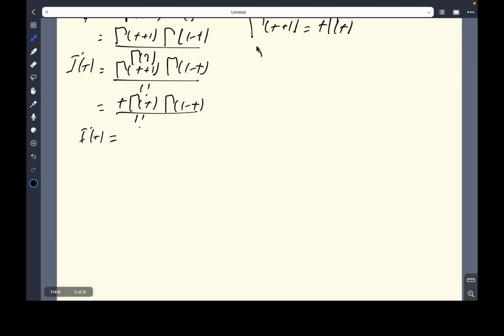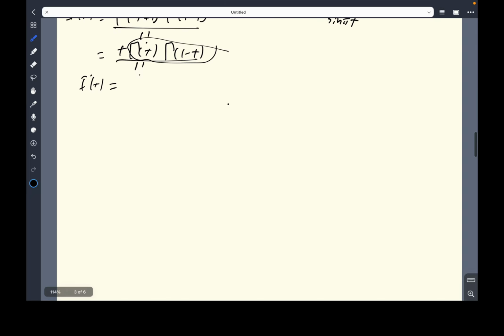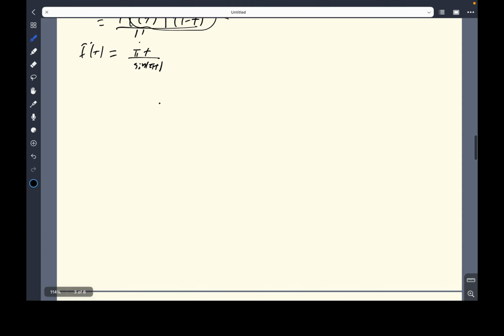Yeah. The gamma of t times gamma of 1 minus t is defined as pi divided by sine pi t. And if I substitute it back here, I'm going to get pi t over sine pi t. This is my I prime of t.